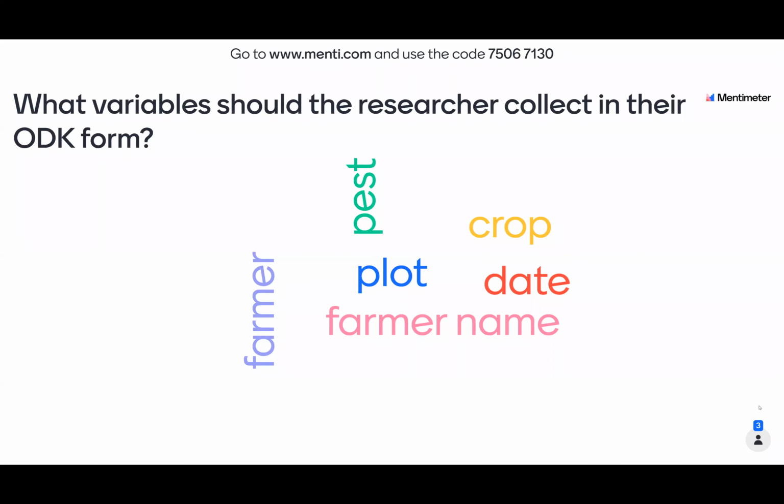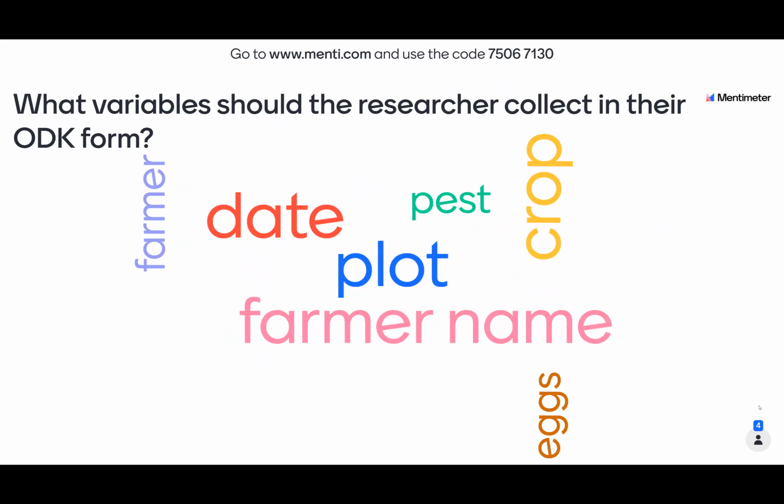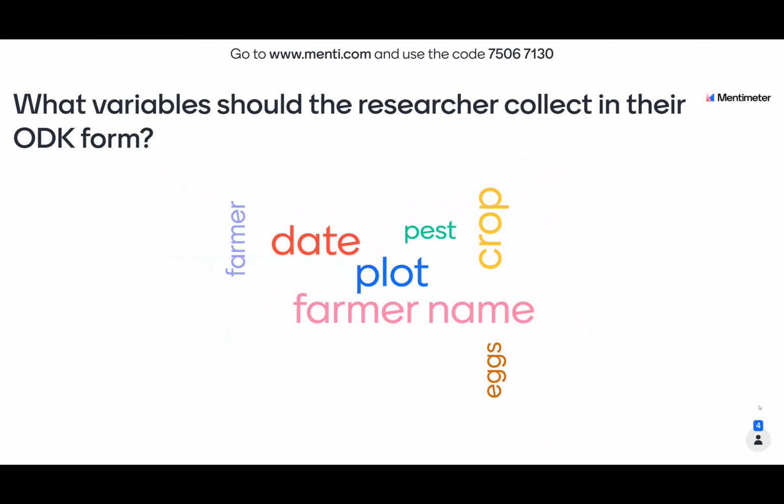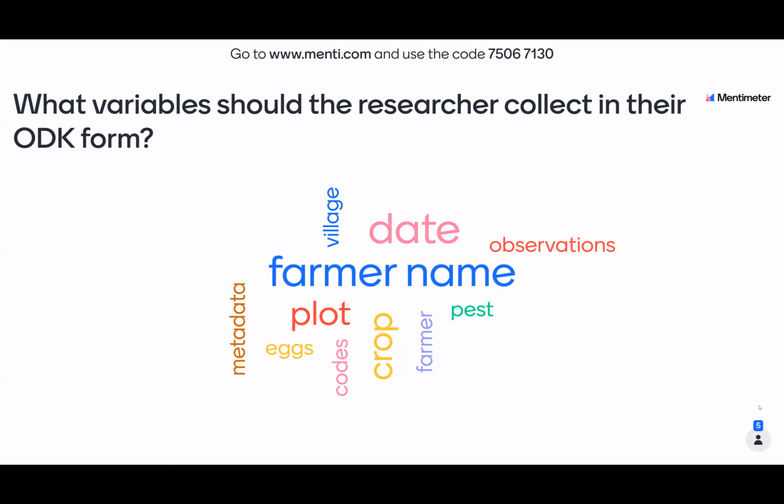Okay, we've got 3. You can have as many contributions as you want. It seems that date and plot and farmer appear; you see the farmer name is there several times. Now someone mentions metadata, observations, crop codes, the village, the date.